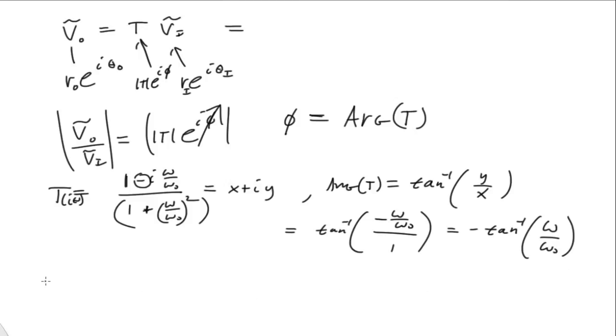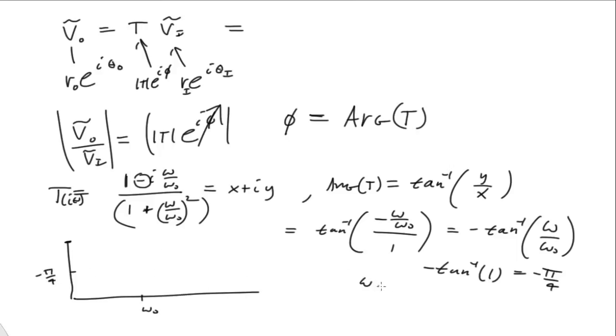All right, so let's write this out again. And so now let's plot this. We can see right at omega naught, whatever it is, we're going to get inverse tangent of 1 with a negative, and that turns out to be pi over 4, so it'll be negative pi over 4.